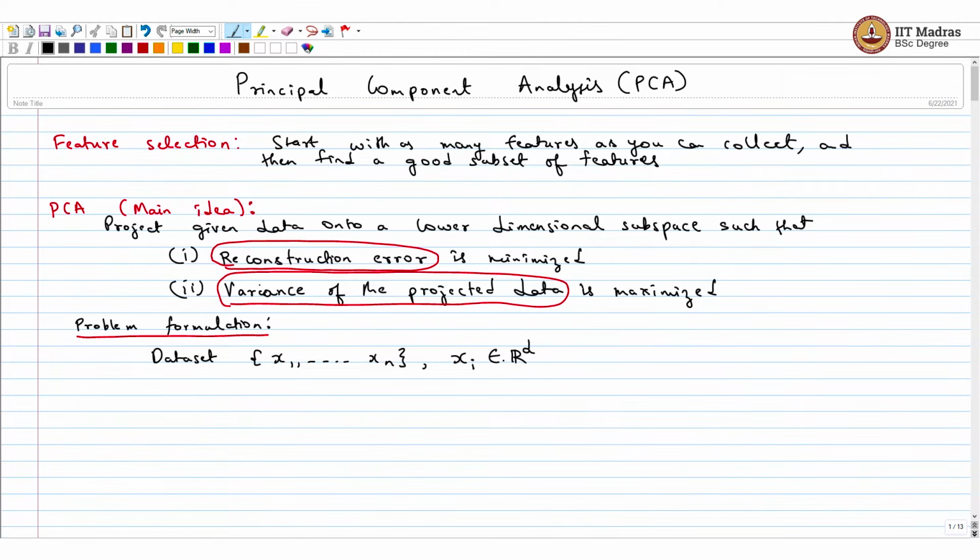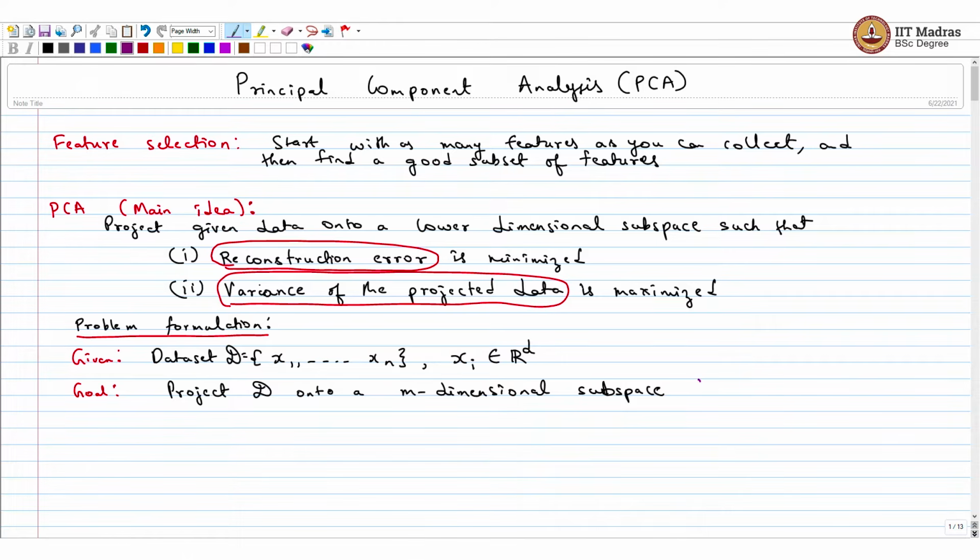Now this is given. So what's the goal? Let me call this data D. Project D onto an m-dimensional subspace.